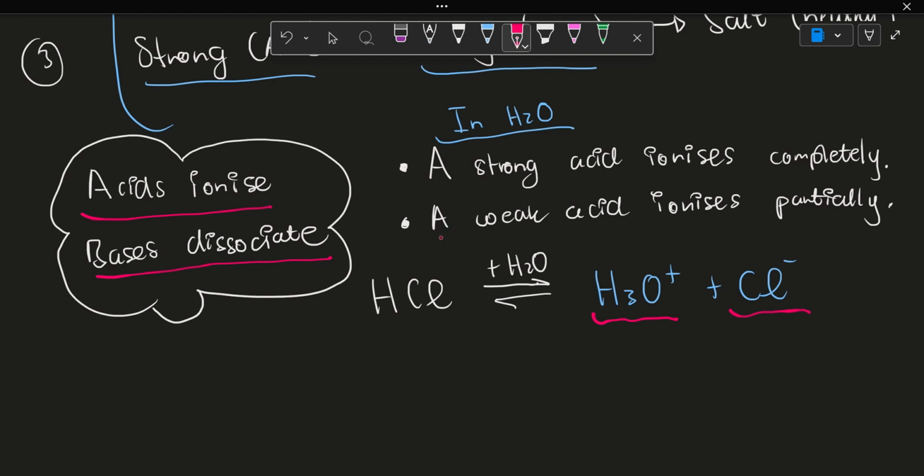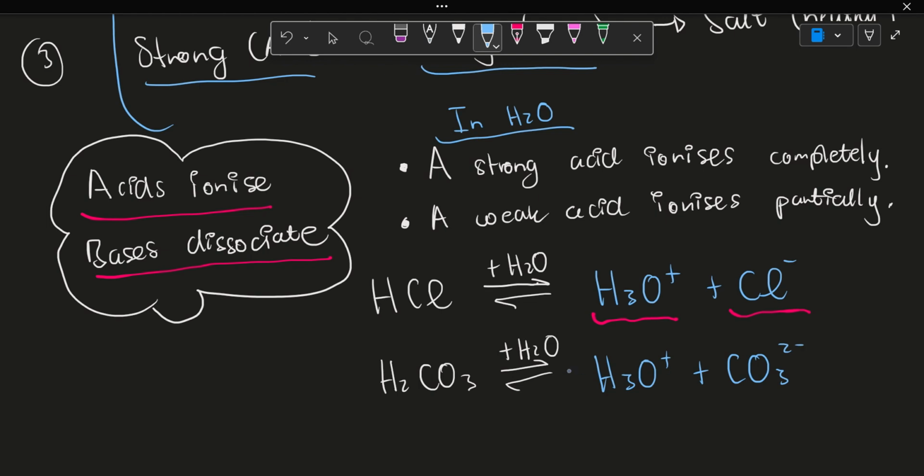If you look at something like a weak acid, take a weak acid like carbonic acid, right? And with carbonic acid, I would have something like this. I would have it in water, and then I would result in this. I would have my hydronium ion with my carbonate ion, right?